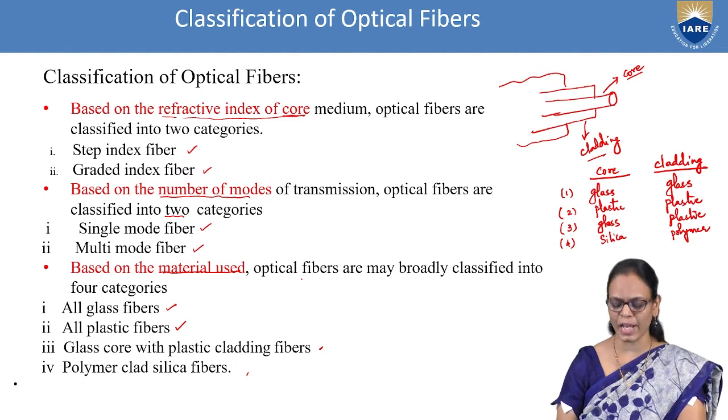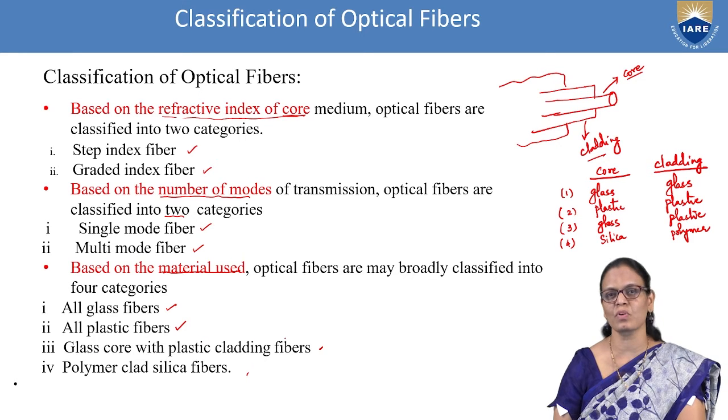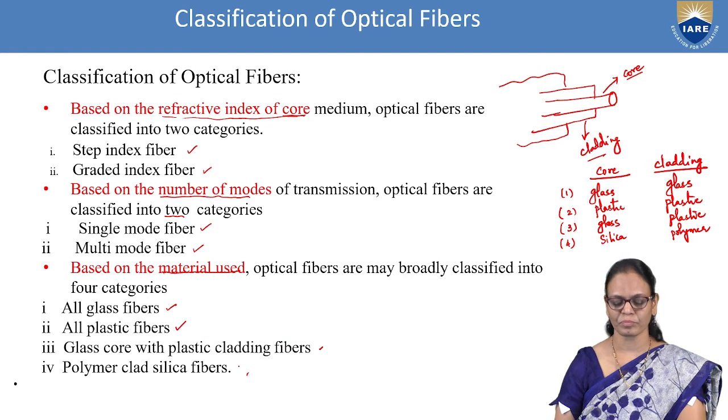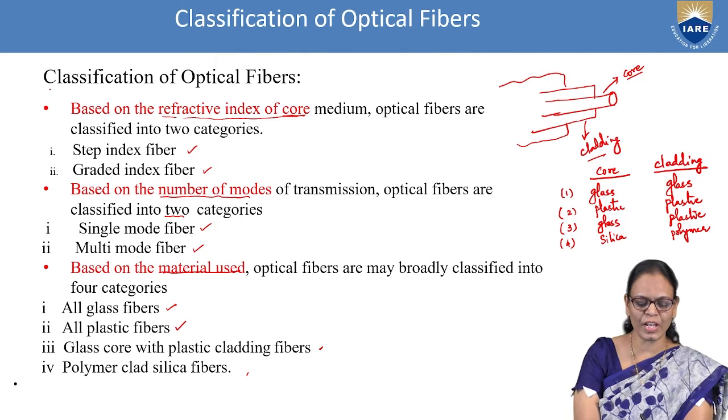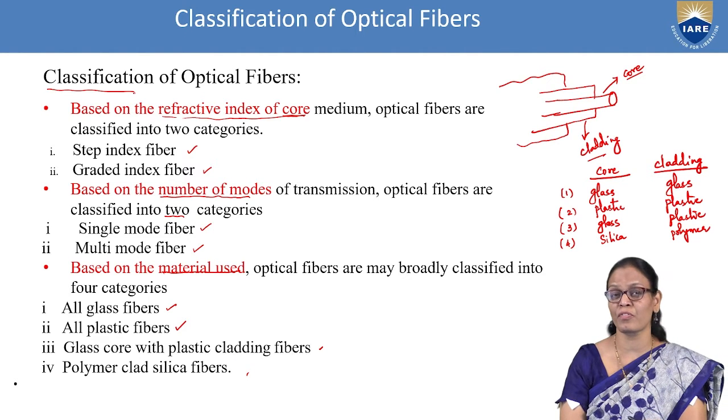Most of the time, what we use is a glass core with plastic cladding. The classification should be clear first for us to understand how they function. The first one is based on the refractive index: two types, step index and graded index. The second classification is based on the number of modes of propagation or transmission.